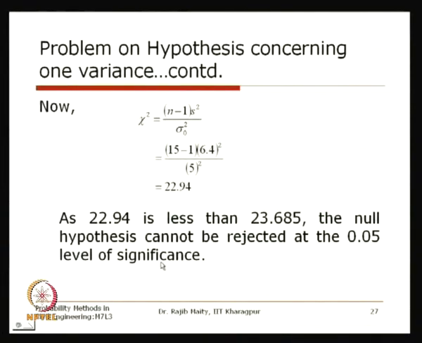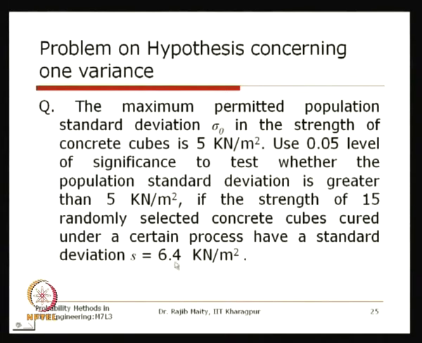That means, from the sample data we have, we cannot infer that the population standard deviation is greater than our requirement of 5 kilonewton per meter square. Even though numerically the sample standard deviation is 6.4, which is clearly greater than 5, probabilistically we cannot infer that.